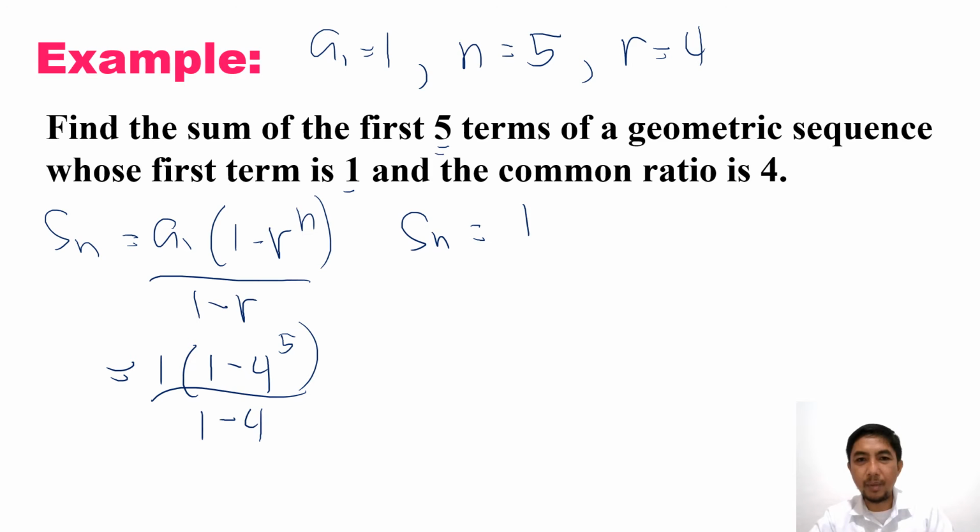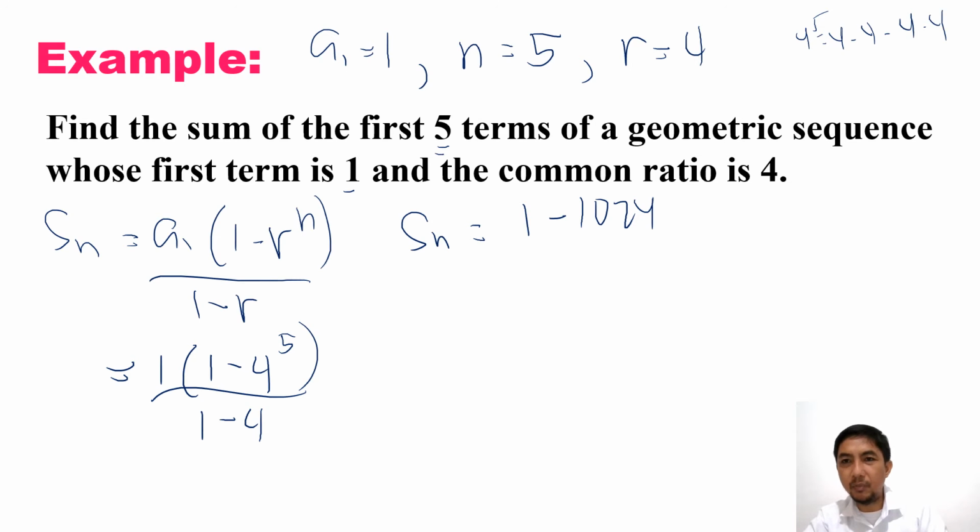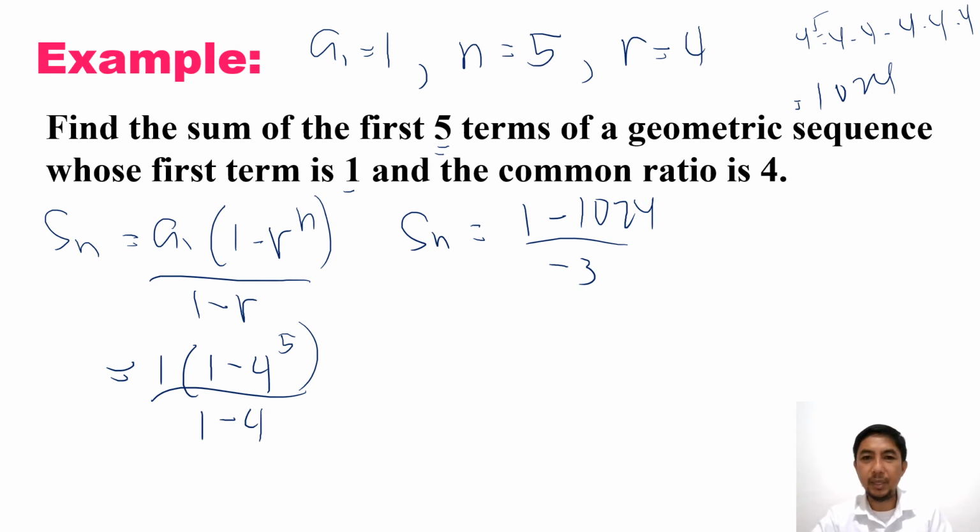So this will be equivalent now to, so hindi ko na isusulat yung 1 dito. So magiging 1 minus 4 raised to 5, which is 1024. So 4 raised to 5 means 4 times 4 times 4 times 4 times 4, so it will give you 1024. All over negative 3, because 1 minus 4 is negative 3.